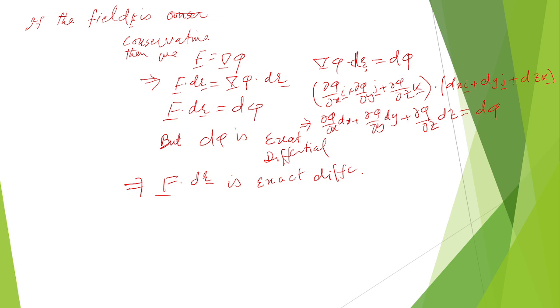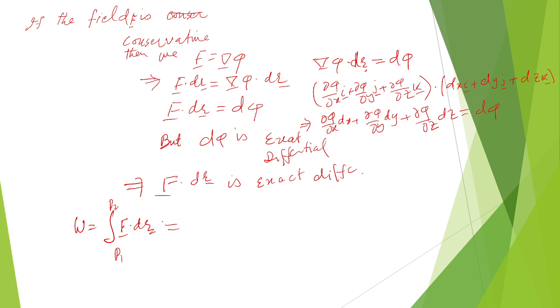And why is it important? Because when we find the work done in a field, and if it is conservative, then it is easy to find the work done. We know that the work done is equal to, from some point 1 to 2, F dot dr. This is the work done.